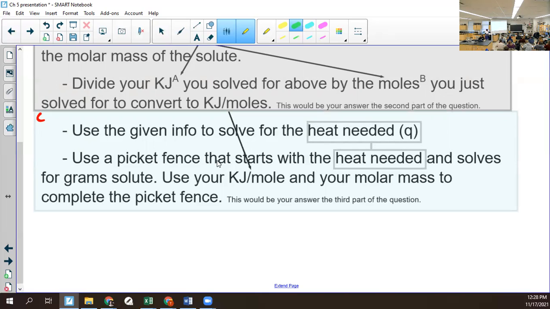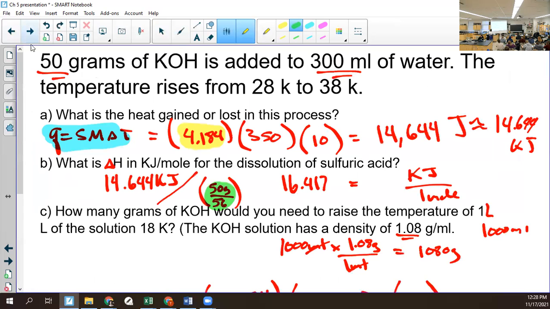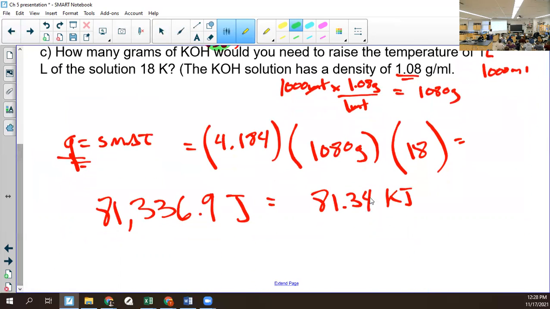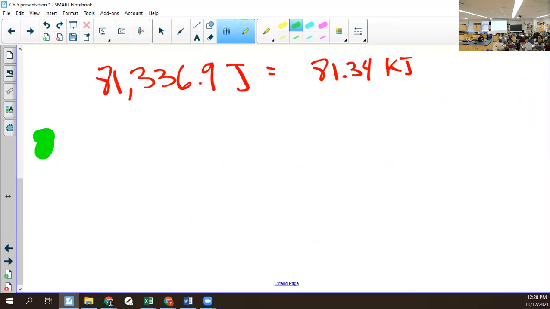Okay, so use a picket fence that starts with the heat needed that we just solved for and solves for grams of solute. Use your kilojoules per mole and your molar mass to complete the picket fence. Okay, that's a lot of stuff. Let's just follow it through. Here we go. This is how much heat we need. 81.34 kilojoules.